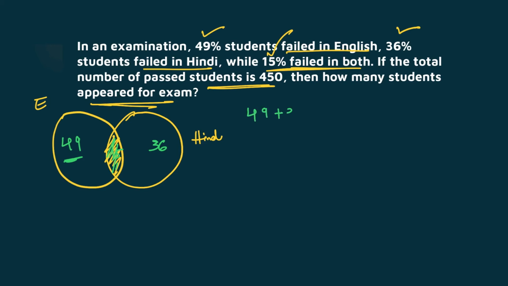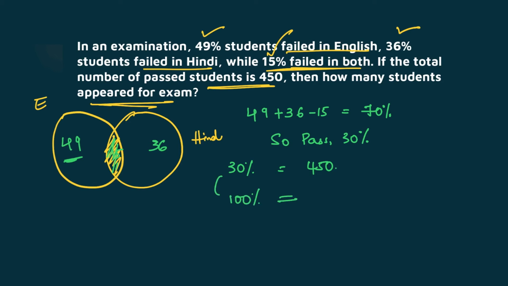49 plus 36 minus 15 is equal to 70% failed students. So the remaining students, the passed candidates, are only 30%. The 30% students are 450, and we have to find how many students appeared for the examination, that is, 100%.